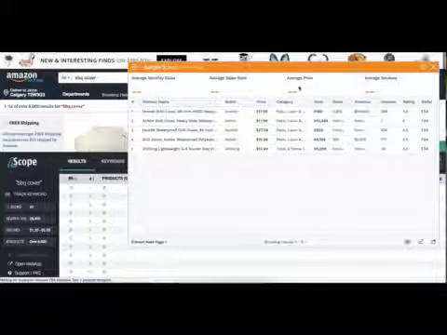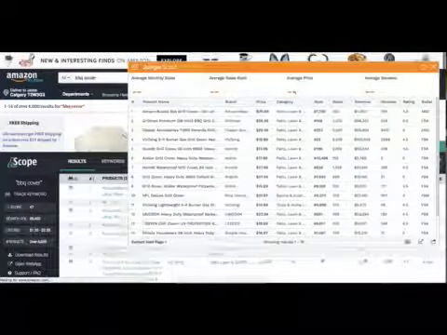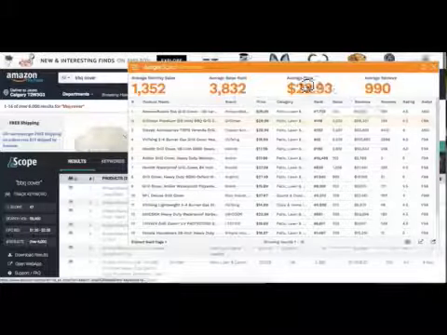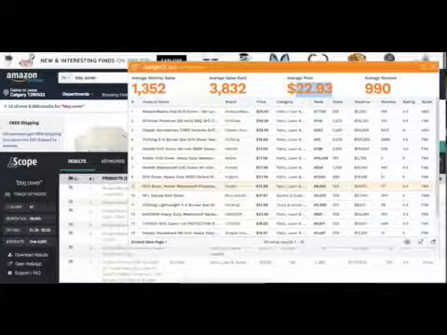Once it loads up and runs its number, $22.93, this is the average price for this product. That's the first way you can do it.